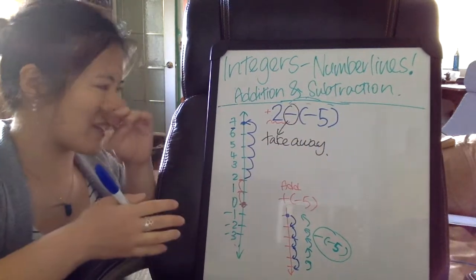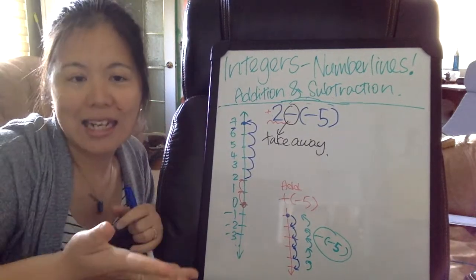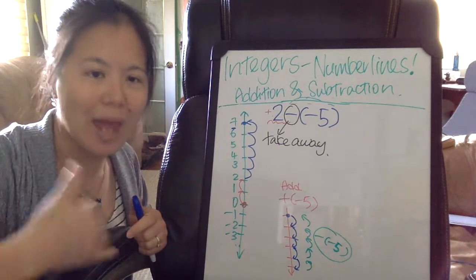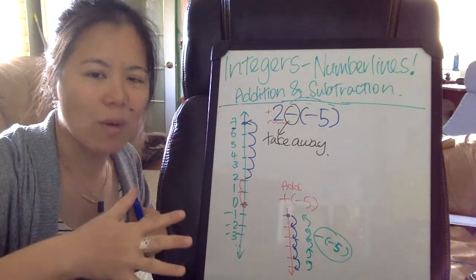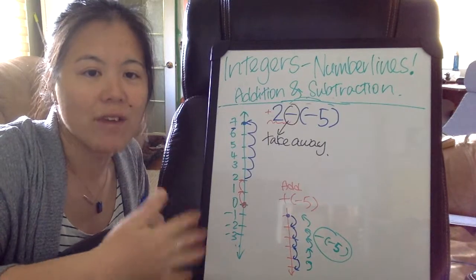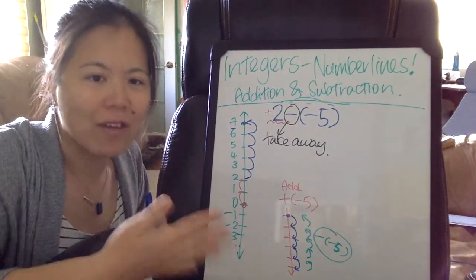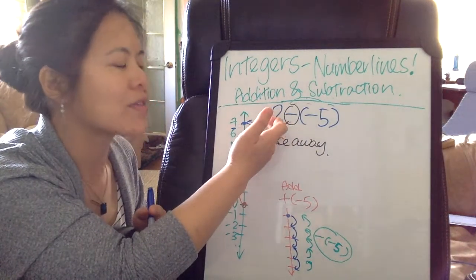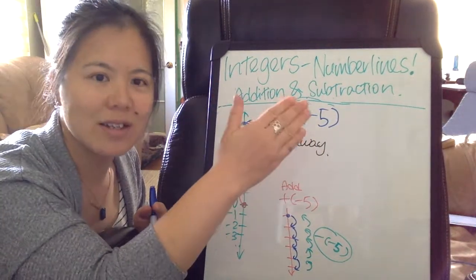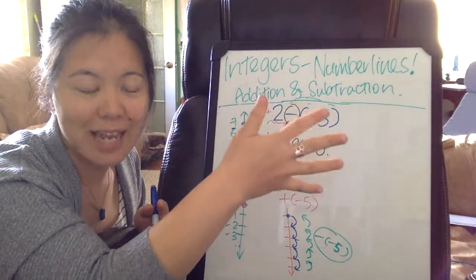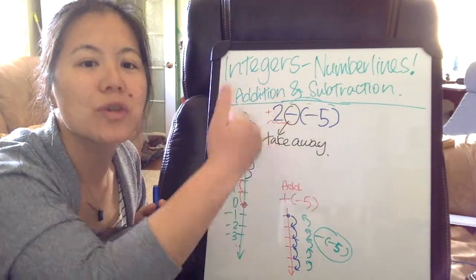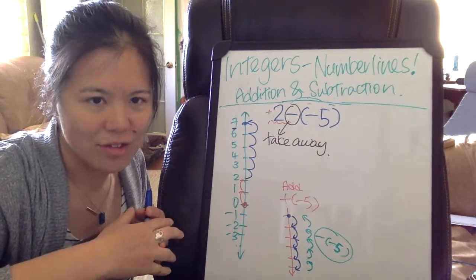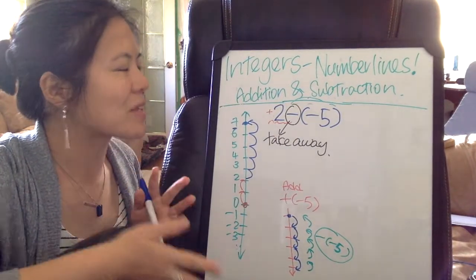You can think of it as, I borrowed $5 from someone before, but you're taking that away. Now you are making that go away. That means you must have earned back those $5, right? So this is $2, and you're taking away your $5 in debt. So you're adding $5 to the $2. That means you end up at $7. Okay, so that's one other way.